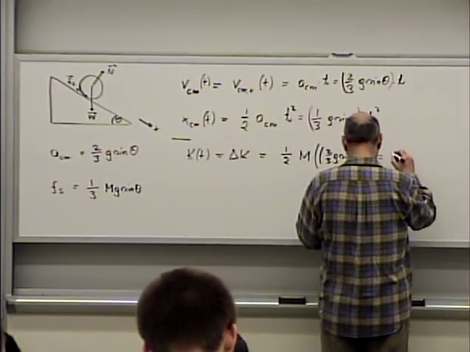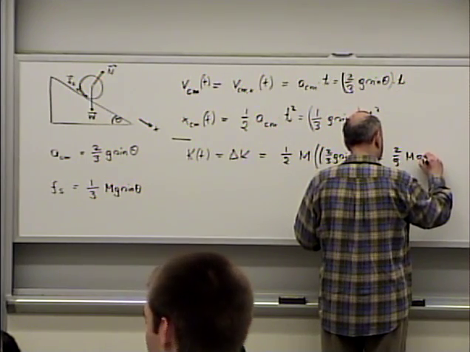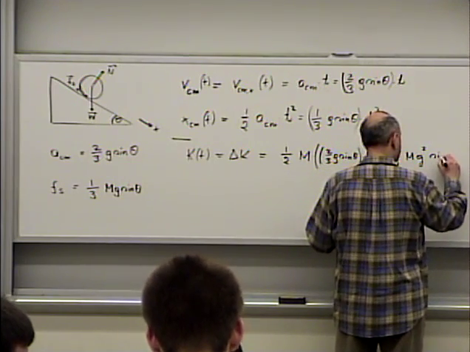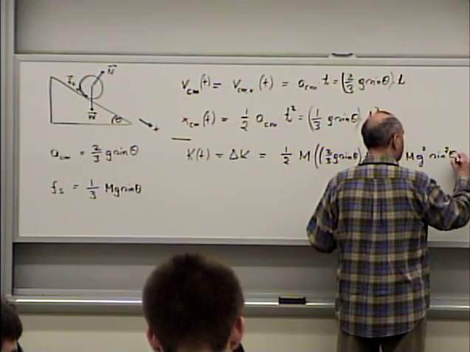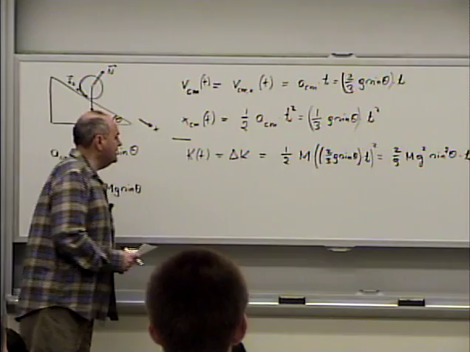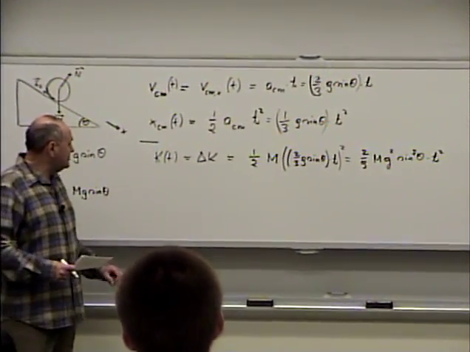So the result is going to be 2/9 mass of the disk, square of acceleration due to gravity, square of the sine of the incline, and square of time. This is what would be the kinetic energy at instant t.